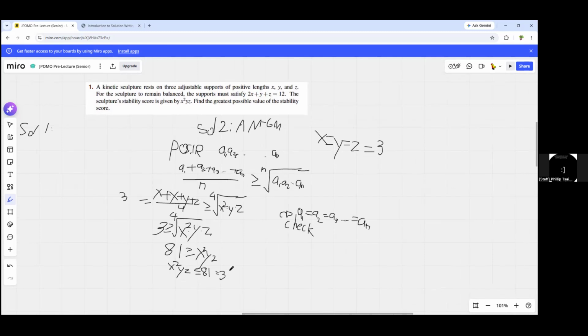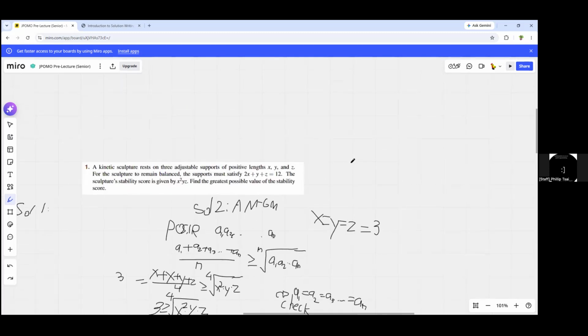So this is our equality case, which works. And since we know 81 can be achieved, we know that 81 is our maximum value. So therefore, it must be the answer to this question.